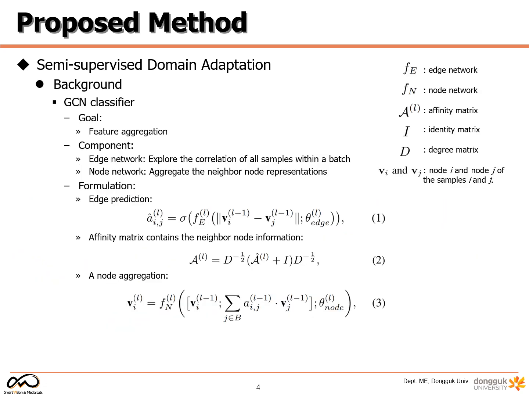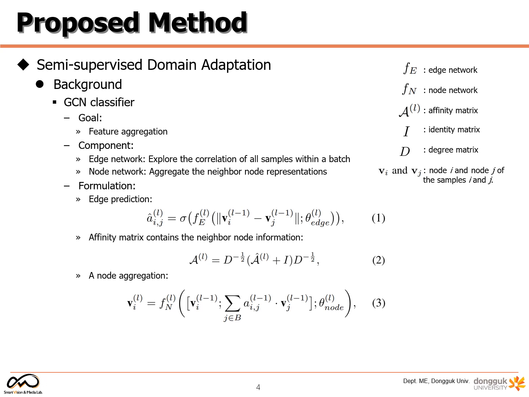Before I go into the details of the training procedures, I would like to introduce the operations of the ZCN classifier. Each ZCN classifier consists of an edge and a node network. The edge network is to find the neighbor samples, and the node network is used for feature aggregation.